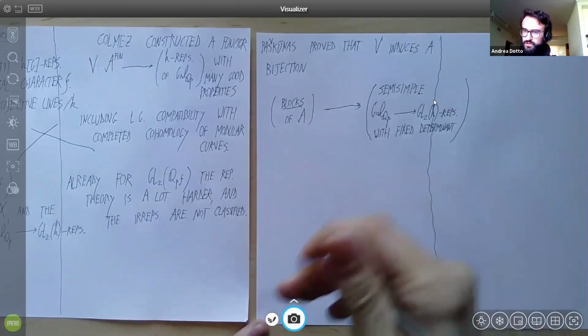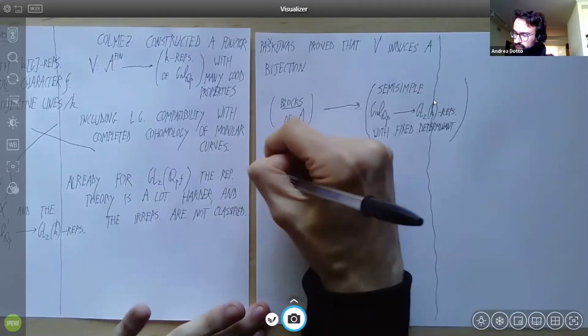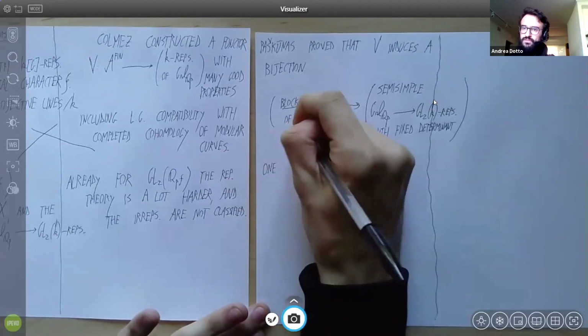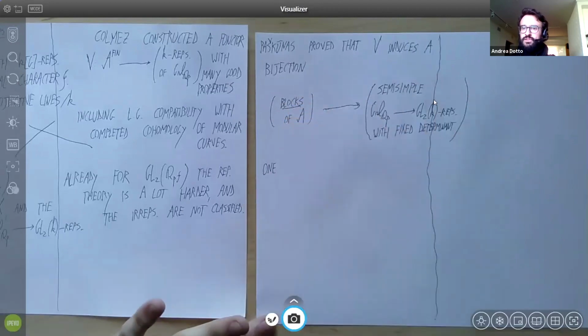And in general, following general principles in representation theory, one would like to understand these blocks by relating them to an object that has already appeared in some form in one of today's talks.